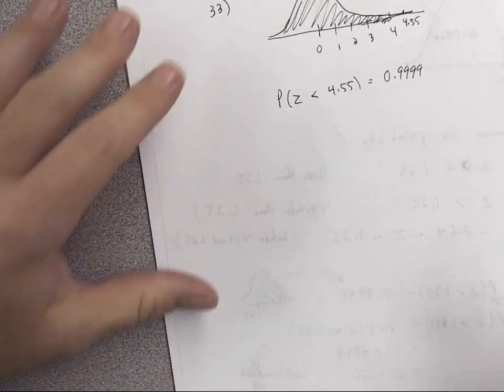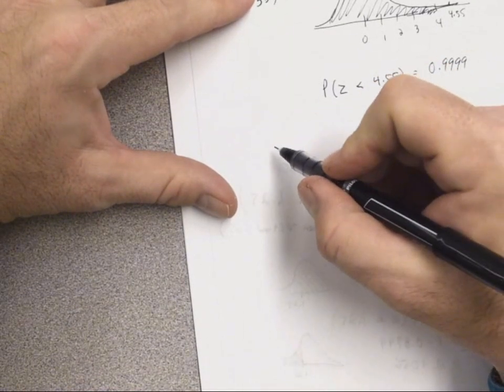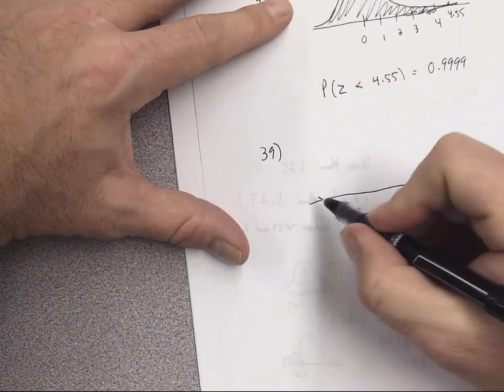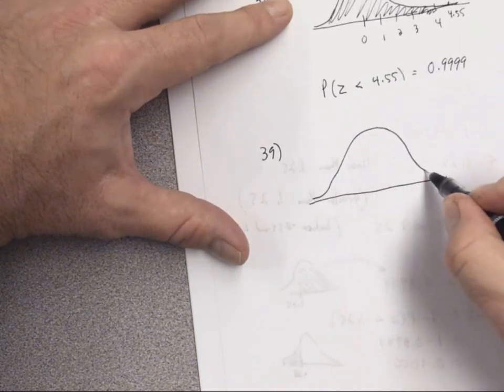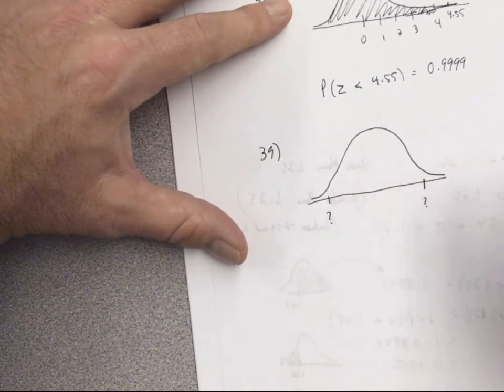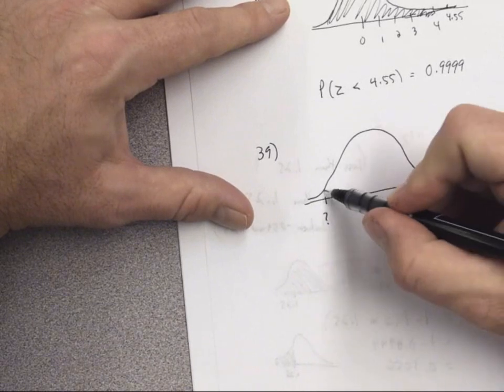So for 39, it's asking us to find this value right here and this value right here. Remember that we're doing 2%.